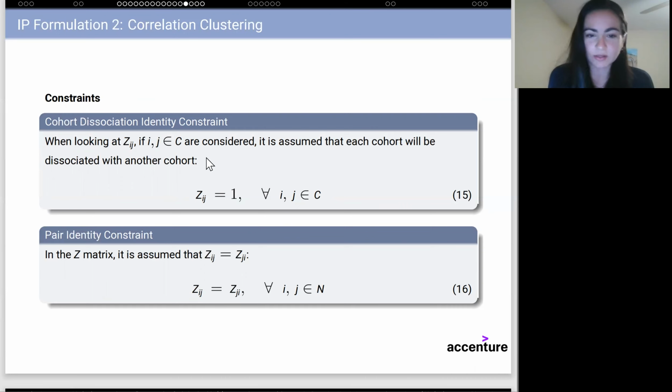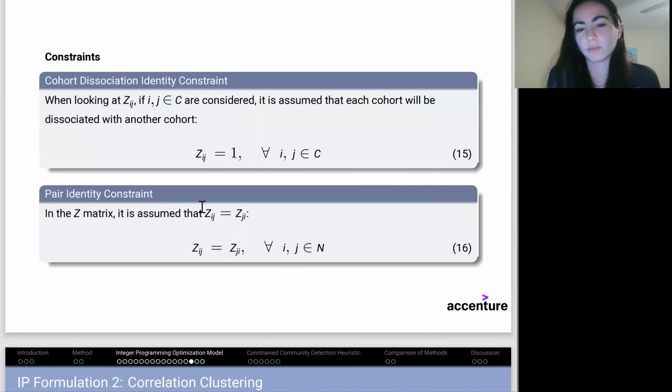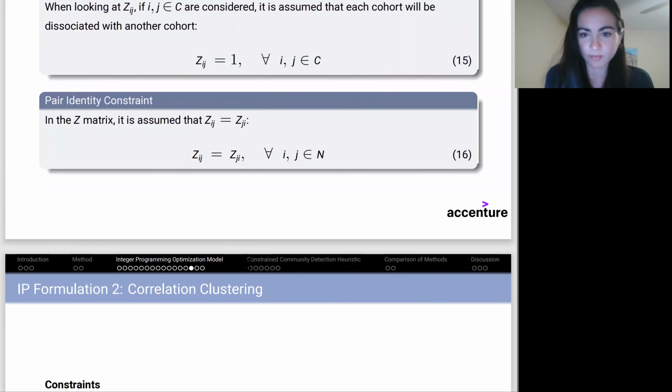Those entities can't be grouped together. A cohort is separate from a cohort. Pair identity, so Zij equals Zji. If person A and person B are dissociated, then person B and person A have the same value.